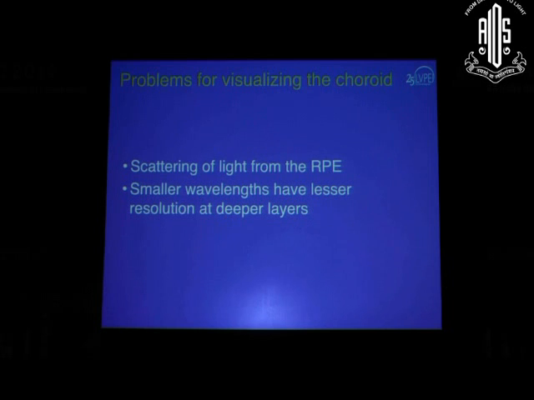And if you look at the OCTs, the same problem comes with penetration. The RPE is going to block, so you're not going to see the choroidal details well with the regular OCT. To circumvent this, there are other technologies and techniques we used with whatever we had with spectral domain OCT.